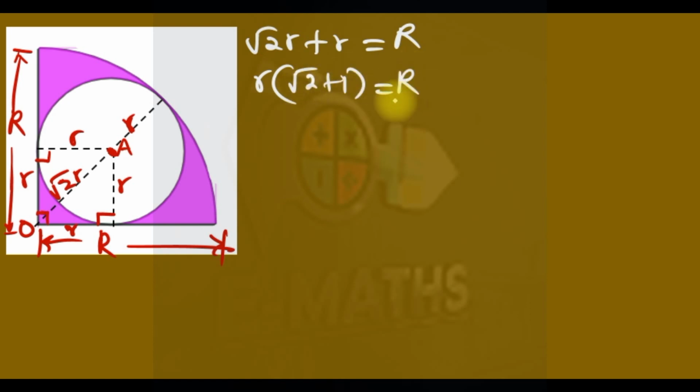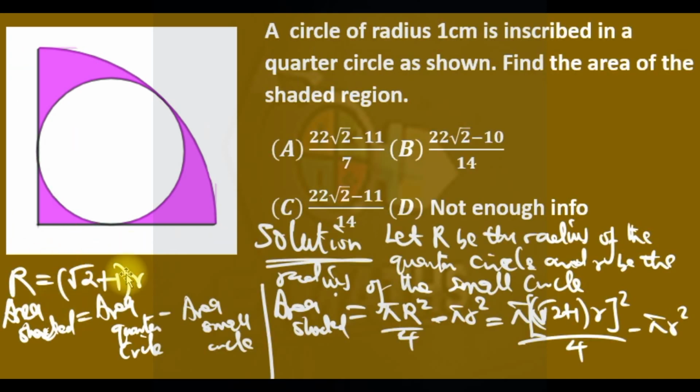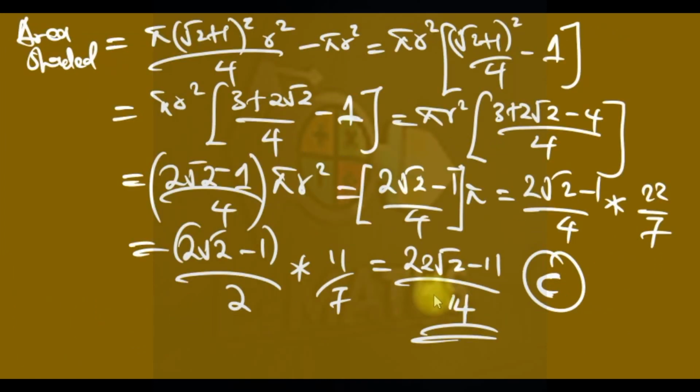So we can easily see that root 2 r plus r, that's this plus this, is big letter R, and we can factor this as r times root 2 plus 1 equal to R. So that's how I got the formula I used. Yes, so that's a very nice question. Thank you.